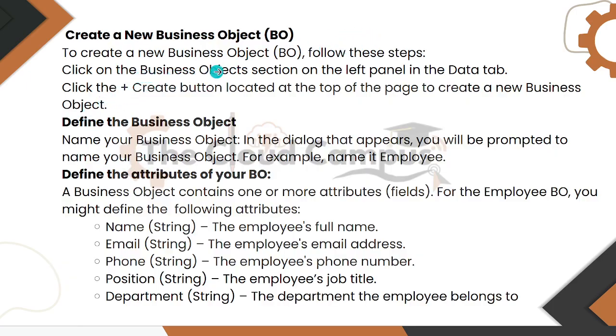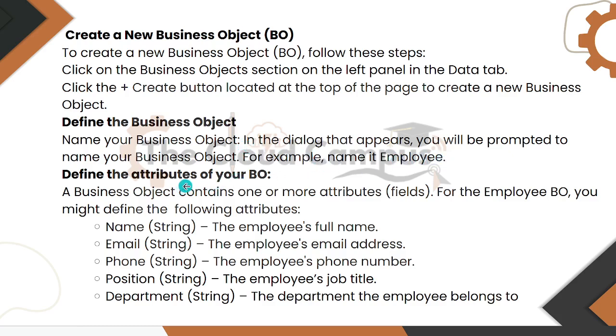Create a new business object. To create a new business object (BO), follow these steps. Click on the business object section on the left panel in the data tab. Click the plus icon, the create button located at the top of the page. Create a new business object. Define the object, for example the business object name, employee.